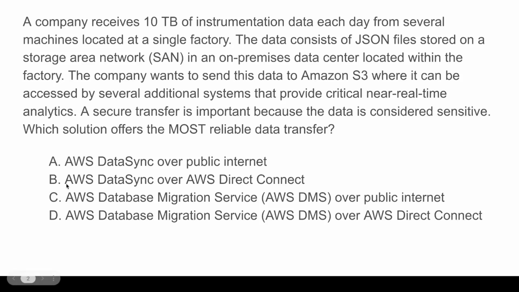And between A and B, A is utilizing public internet where B is using Direct Connect. Now, some of you might be like, public internet seems fine because it is the cheaper option, but in this question, it is really wrong in every single other way. First of all, we are transferring 10 terabytes of data daily.